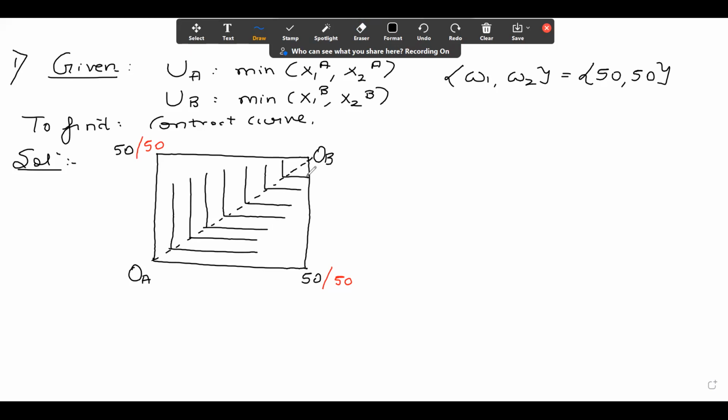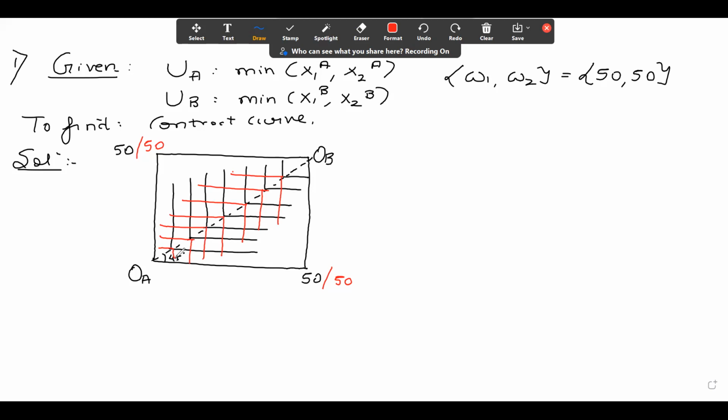These are A's ICs, and this is the 45-degree line. If you look at B's ICs, I am drawing them in red color. Starting from B's origin, when you turn your pages around to B's origin and draw the ICs, they are going to look somewhat like this.